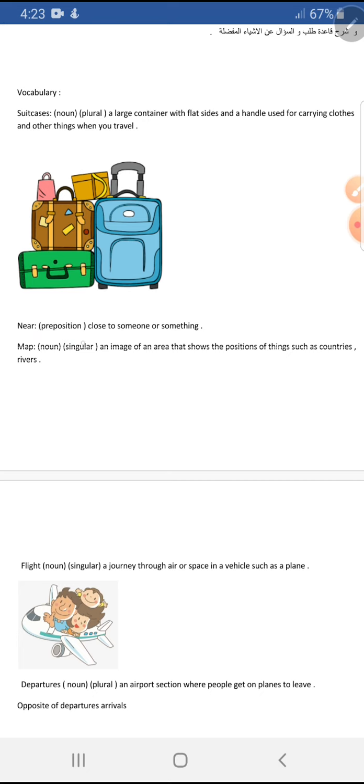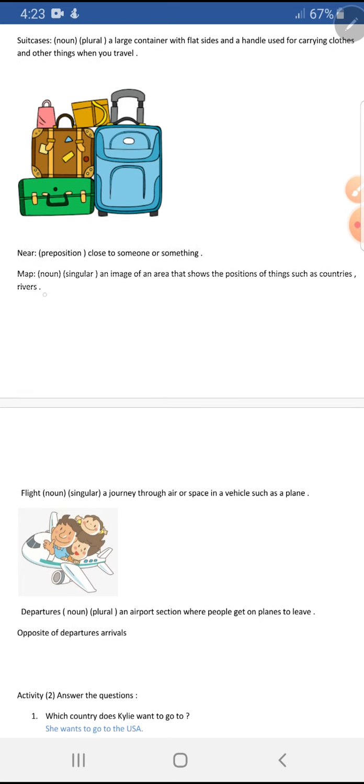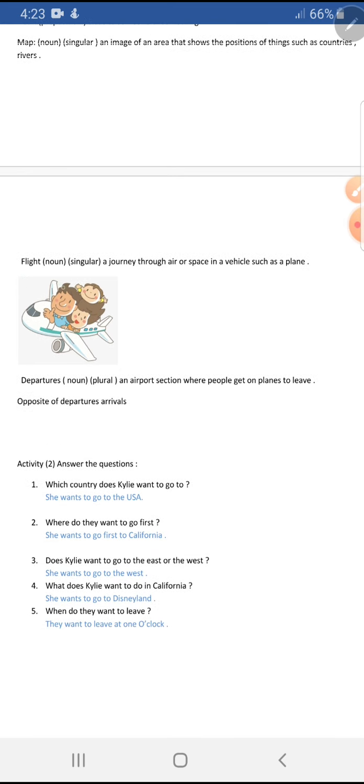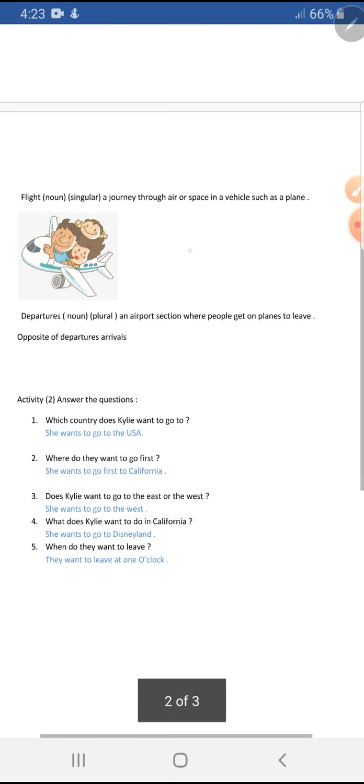Near, preposition: close to someone or something. Map, noun, singular: an image of an area that shows the position of things such as countries, rivers, etc. Also we have flight, noun, singular: a journey through air or space in a vehicle such as a plane, as you see here in this picture. This is a flight.